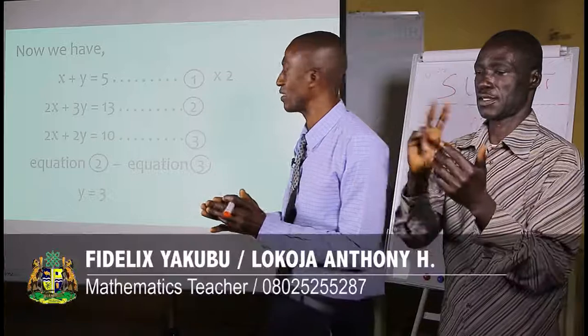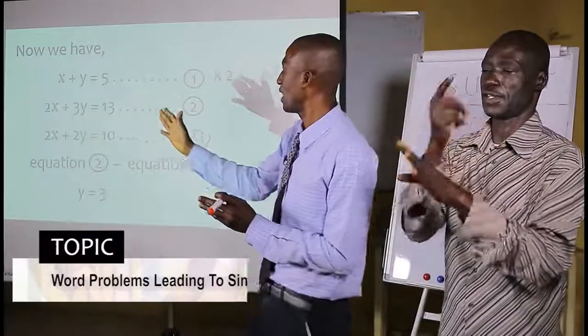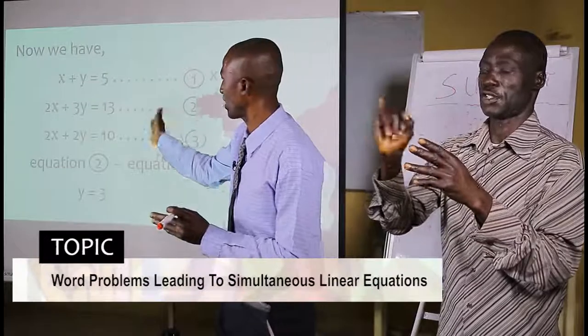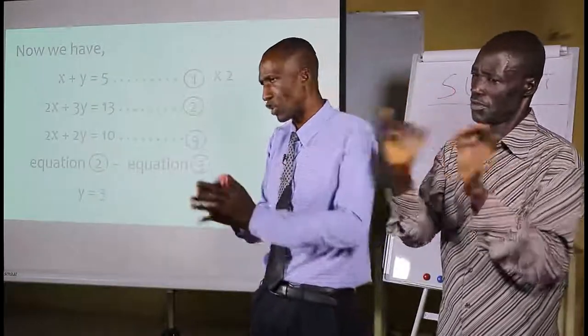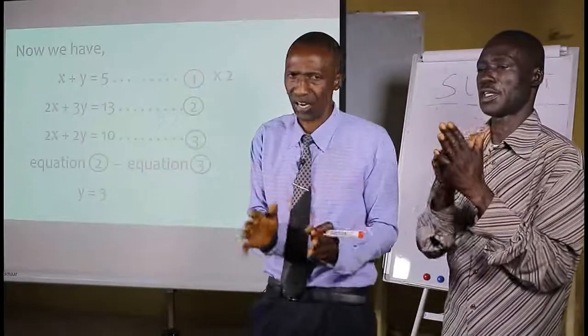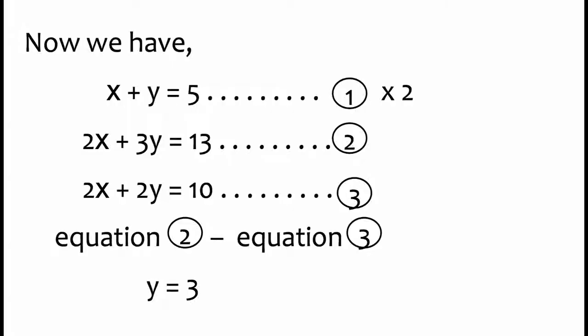Now, the second rule is that the sign attached to 2x in the first equation is positive, and in equation 3 it is also positive, which means that the two signs are the same. So the rule is we are to subtract the equations. That is why I wrote equation 2 minus equation 3. 2x minus 2x, the answer is 0, so I neglected it there.